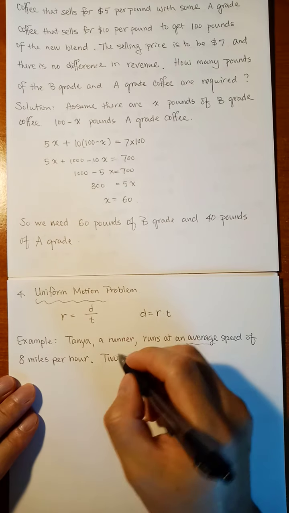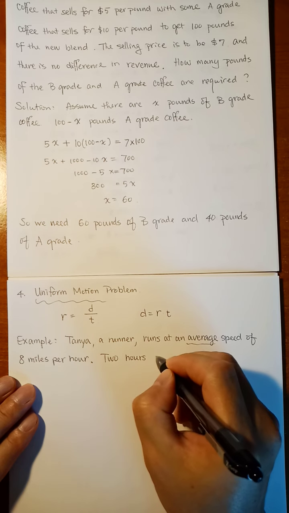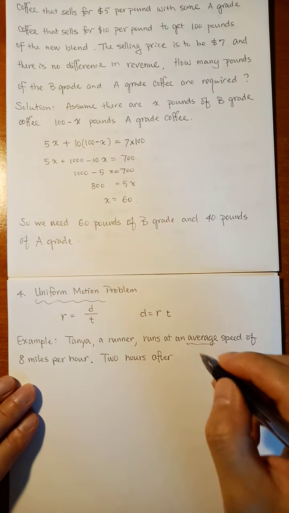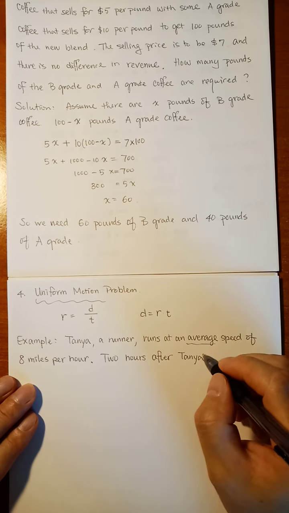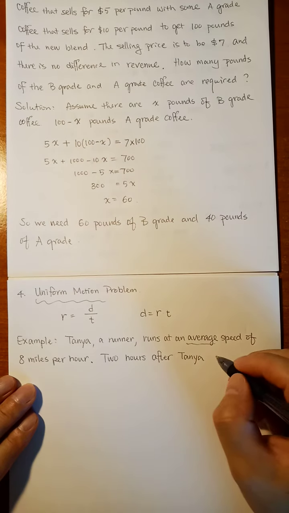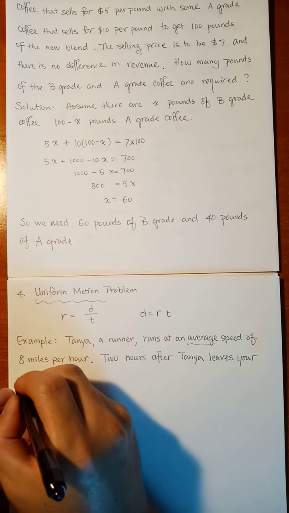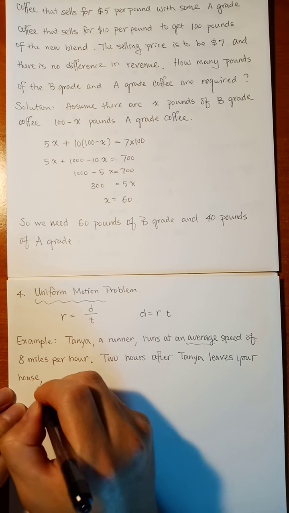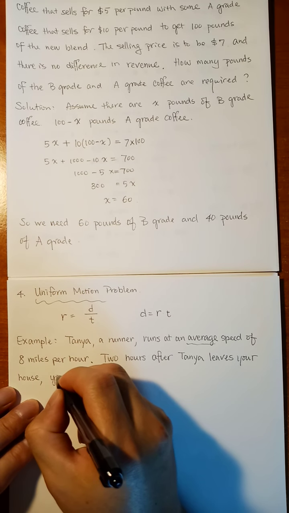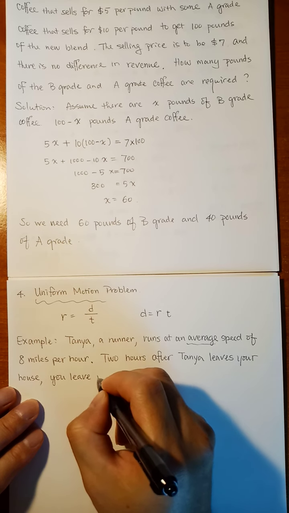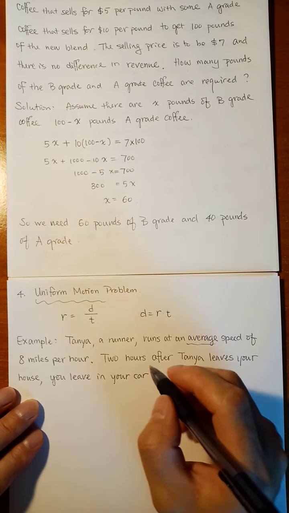So her speed is 8 miles per hour. That's a general information. Then let's see the true situation. 2 hours after Tanya leaves your house, you leave in your car and follow the same route.